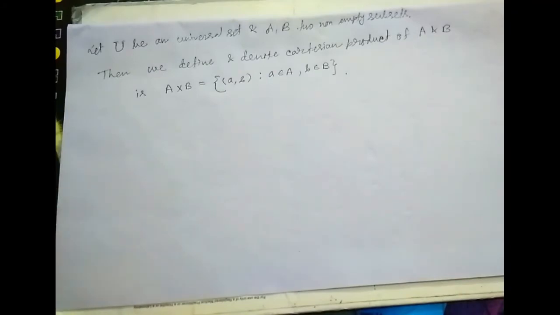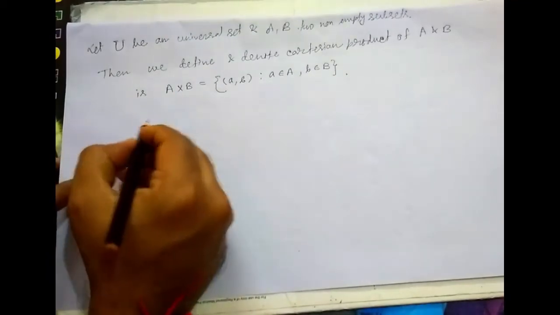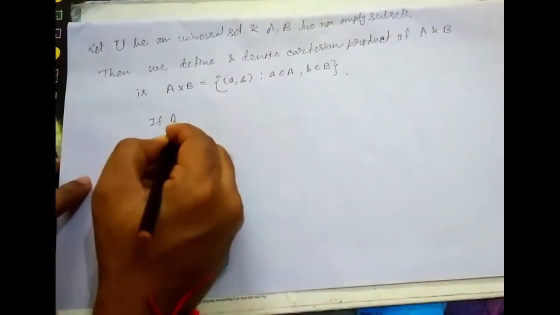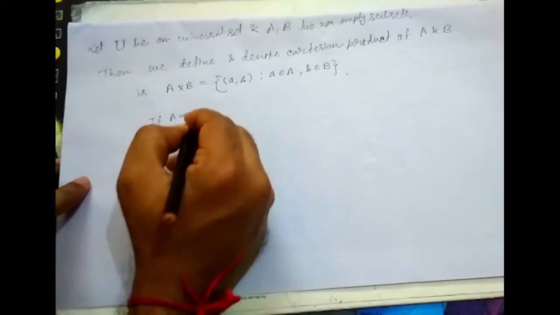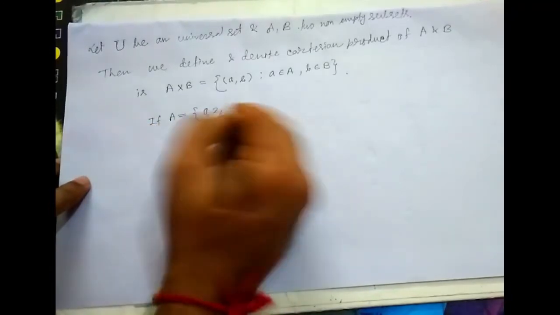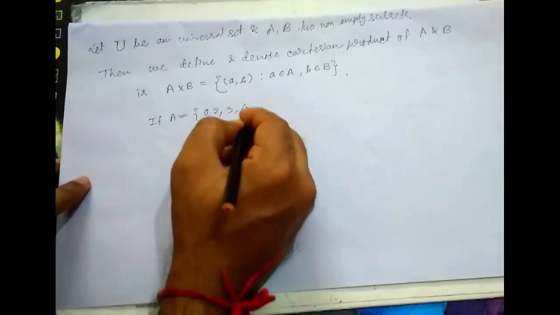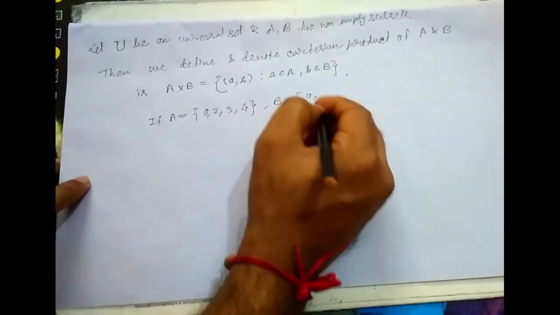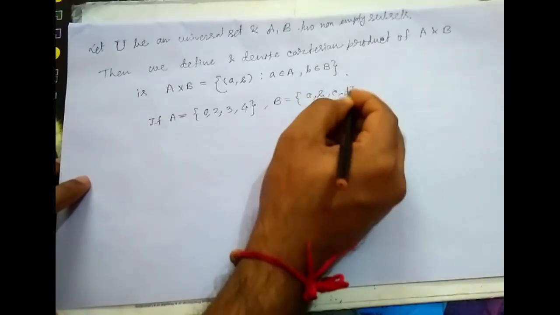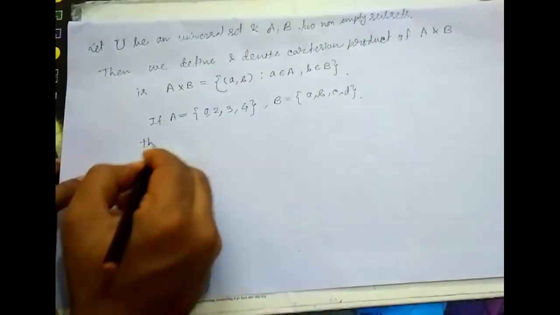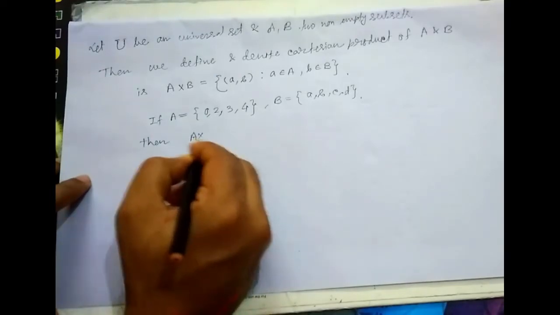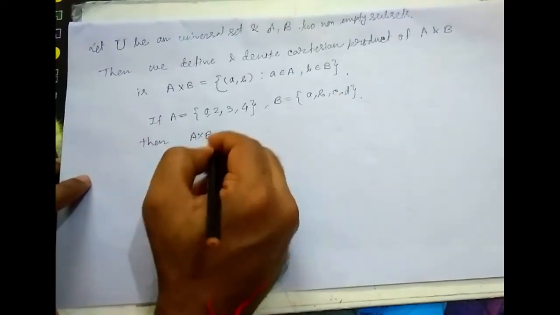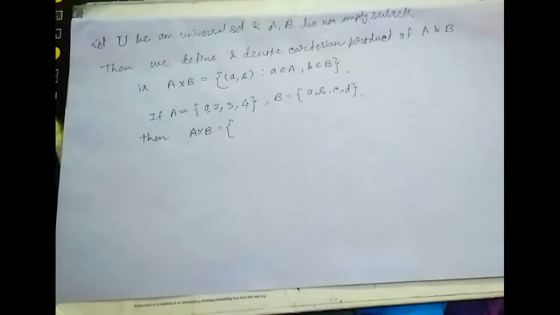Let me clear this definition properly. See, if A is {0, 2, 3, 4} and B is {a, b, c, d}, then the Cartesian product of A and B is the set of all ordered pairs.